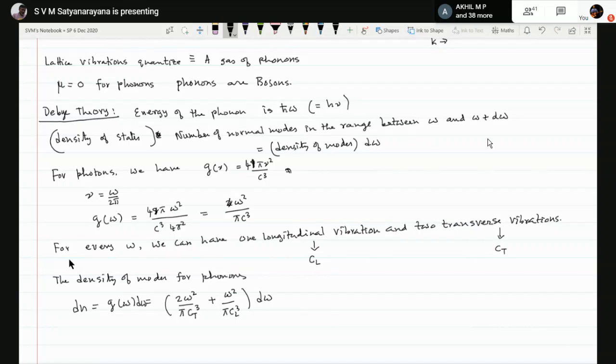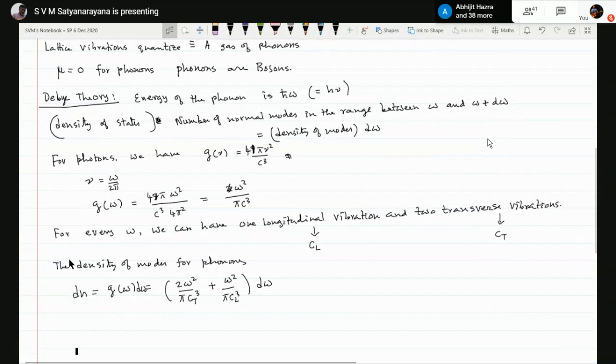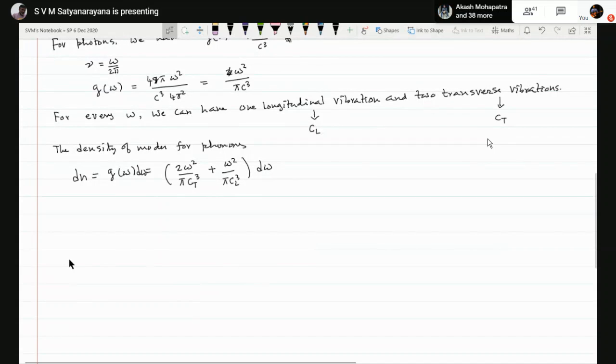So this is the density of modes, and once we have this, we can say that if n is the total number of atoms, then in terms of decoupled oscillators, the total number of oscillators will also turn out to be this, and the number of normal mode frequencies will also be the same n.